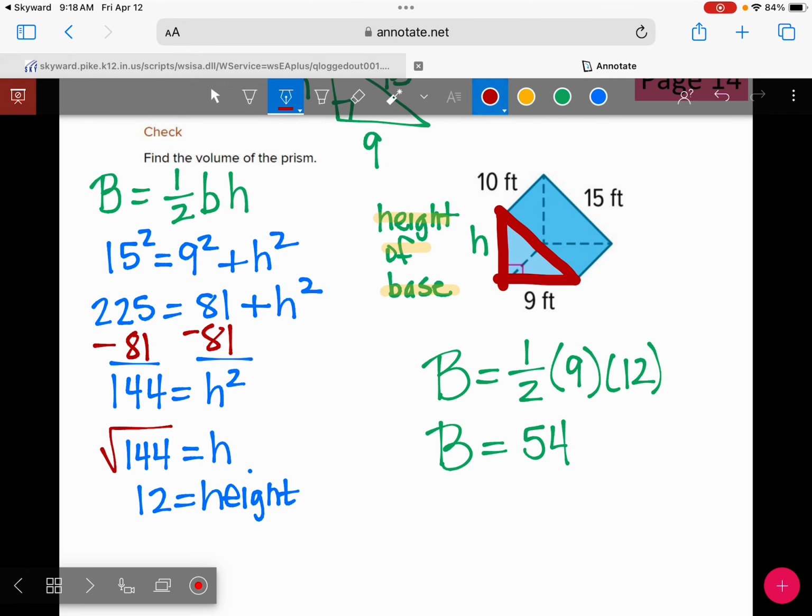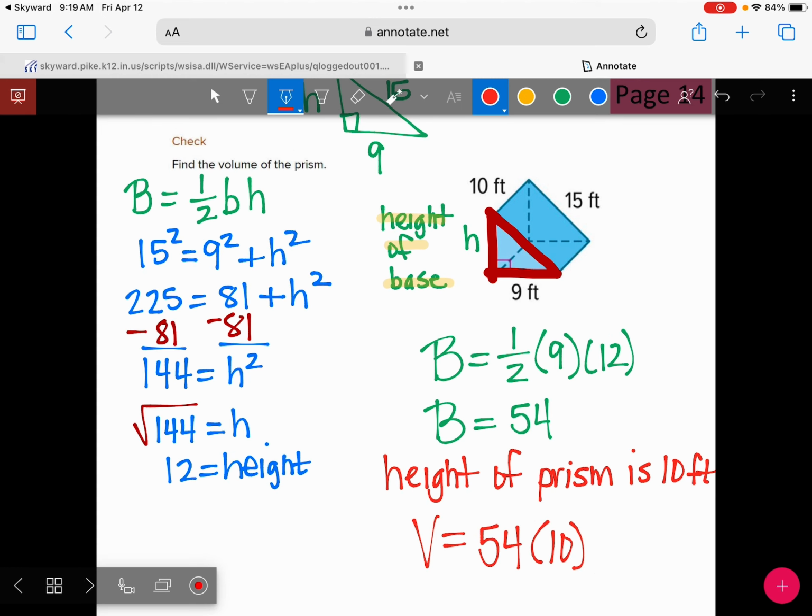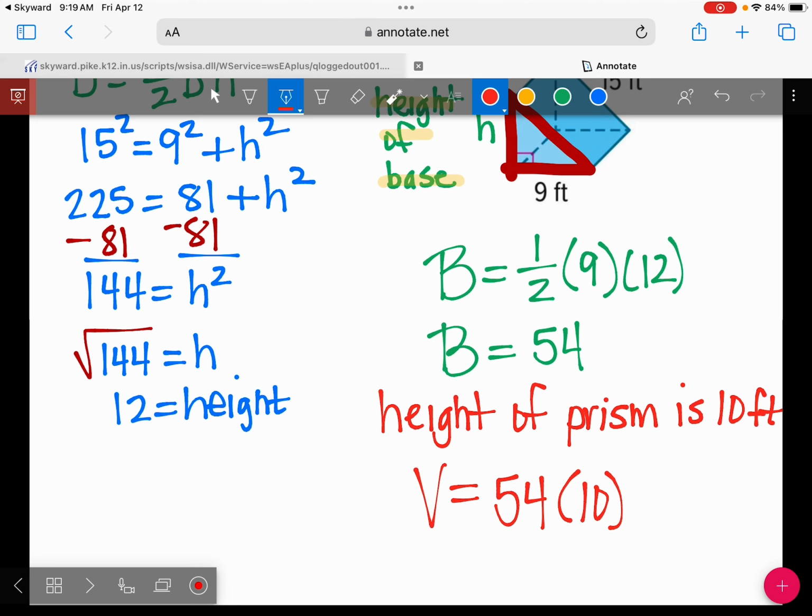Now the height of the prism though, height of prism is 10 feet. So to find the volume of the prism, we would take the area of the base times the height of the prism. So the volume is 540 feet cubed.